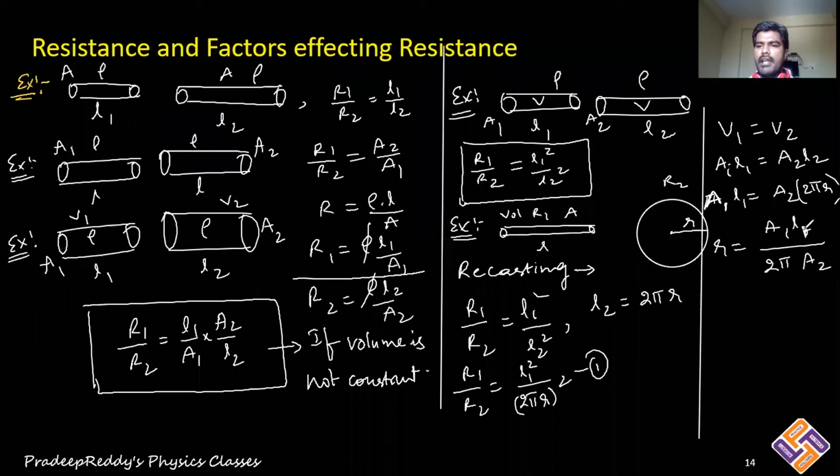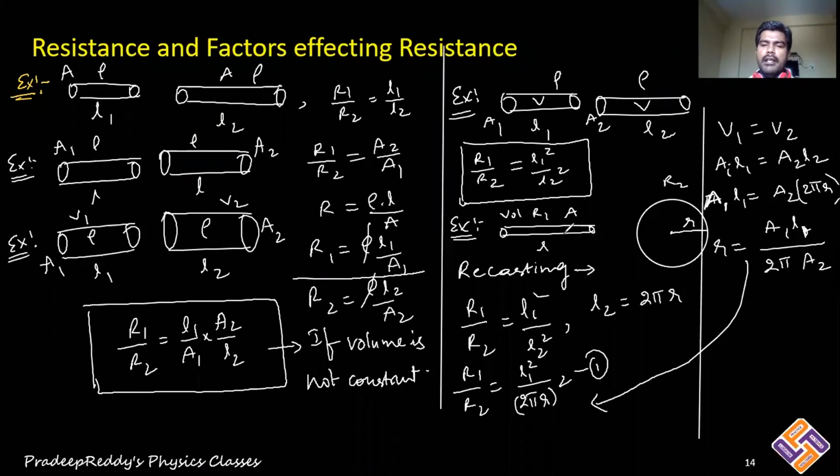That is the relation between R and L. Wherever R is there, you can substitute A1 L1 by 2 pi A2, because in the problem they will give you some hint. Area may be doubled, halved, increased to 3 times, or squeezed by 2 times. You can substitute that here and find R in terms of L.